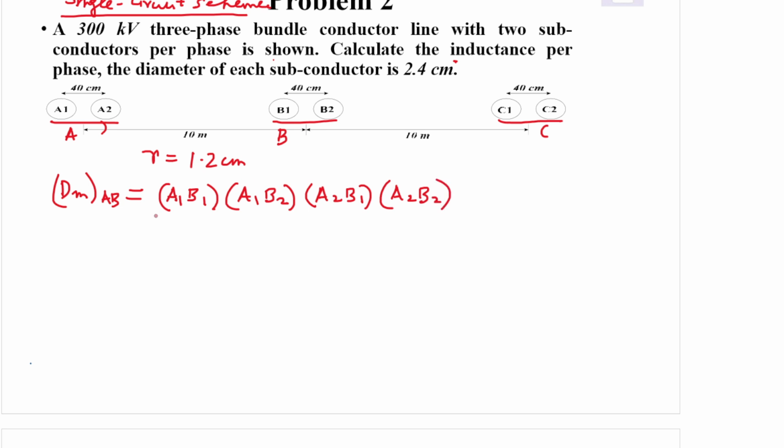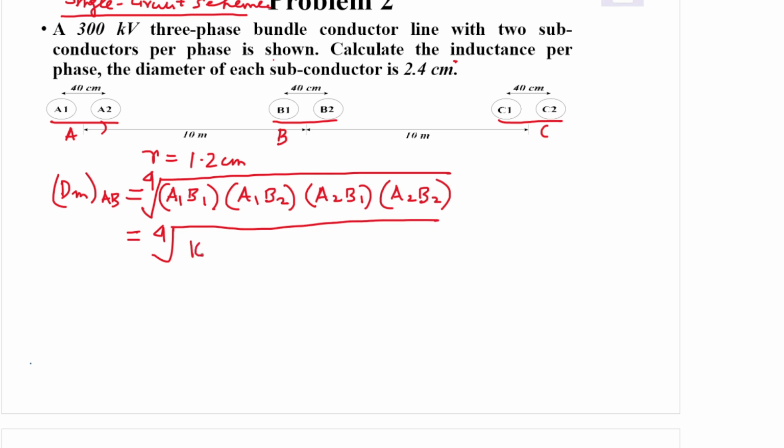So you have 4 terms, so you should take the fourth root. A1 to B1 is 10. What is A1 to B2? It is 10 plus 0.4, so it will be 10.4.